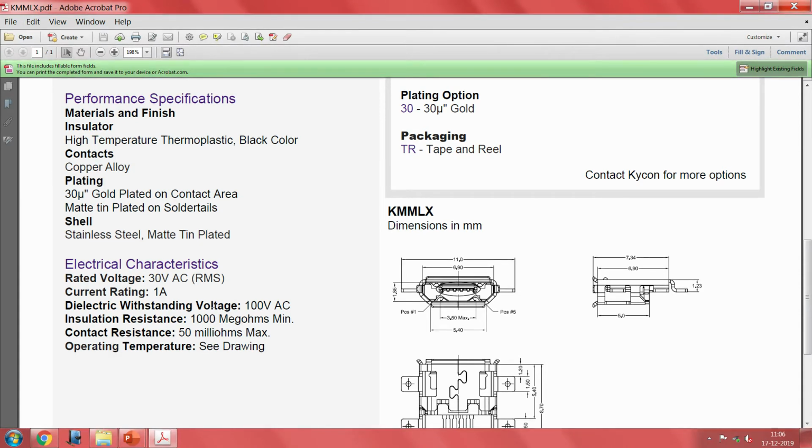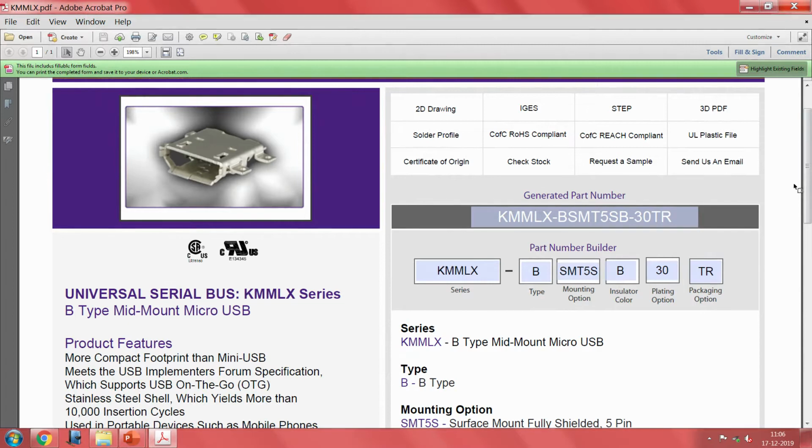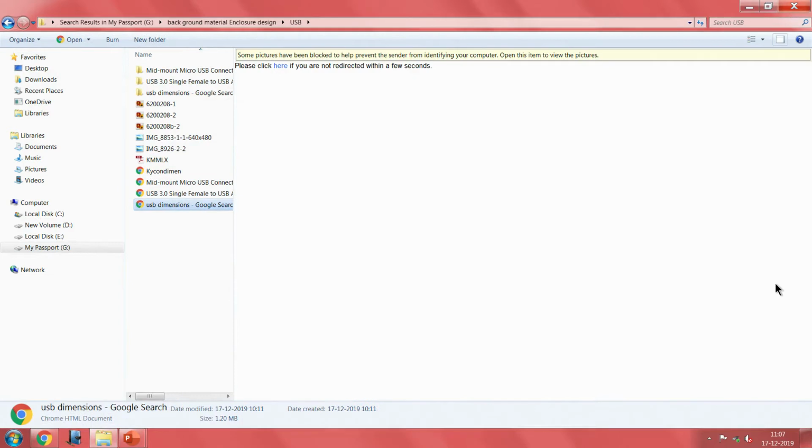Most important is the current rating and so on. All these things are where your technical drawing is very, very critical. On one side you have the manufacturing specifications, on the other side somebody has to use this in a practical design.